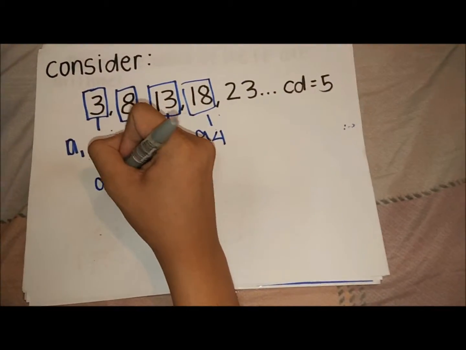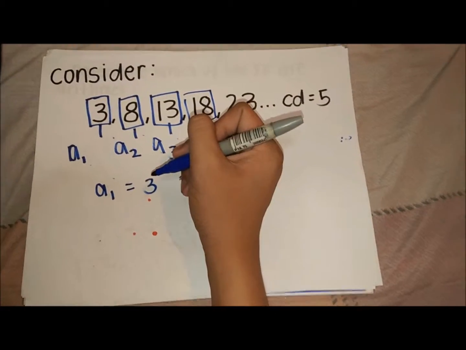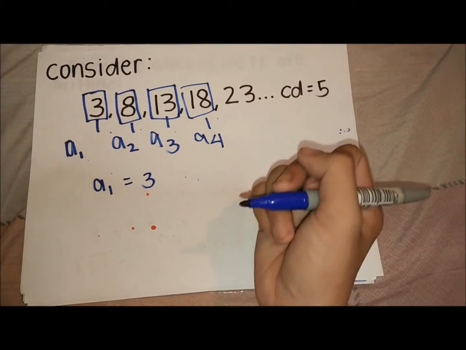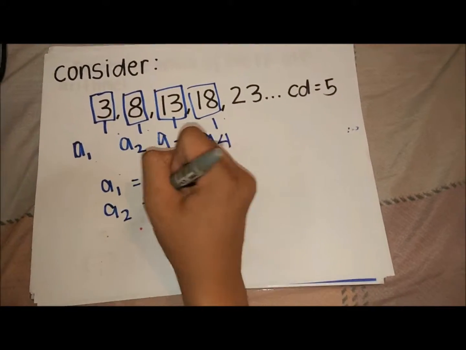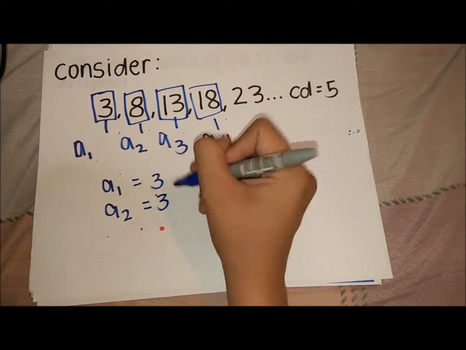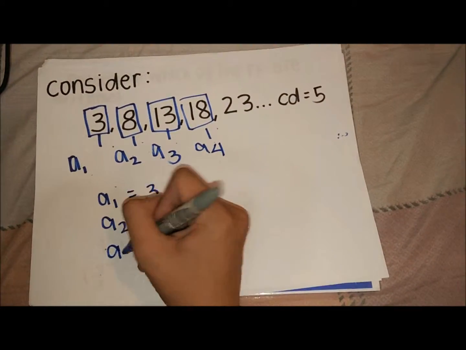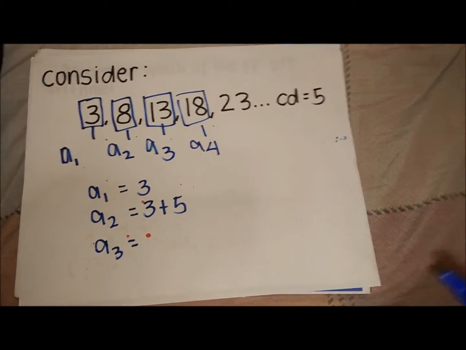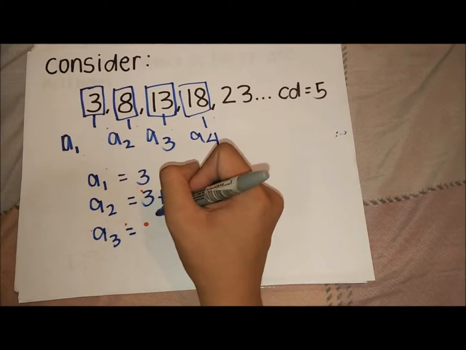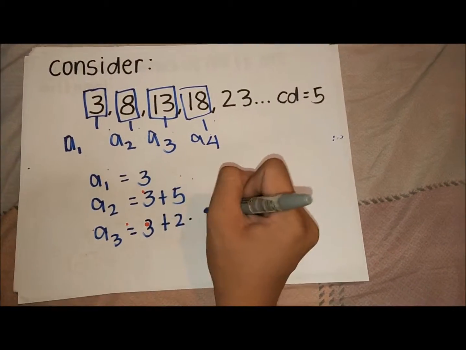So a sub 1 is equal to 3, and our common difference is 5. So a sub 2 is equal to 3 plus 5. A sub 3 is equal to, we could just write 8 plus 5, but I'm going to write it as 3 plus 2 times 5.